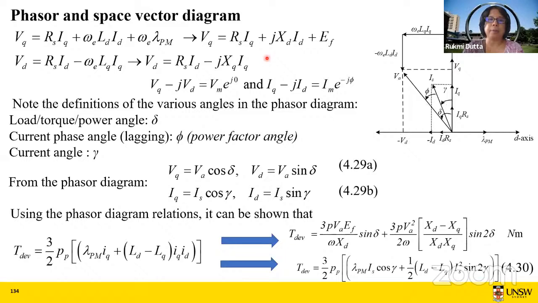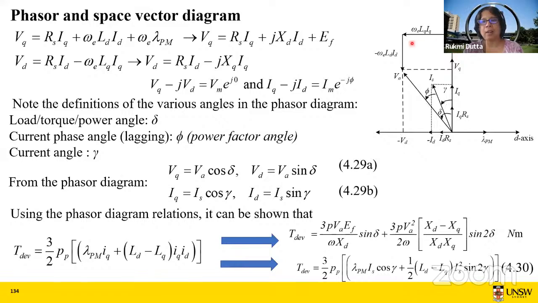And this omega E LD can be thought of as a reactance in a phasor context. So omega E LD ID, being a reactance, should come with J, which means it should be 90 degrees to the d-axis.